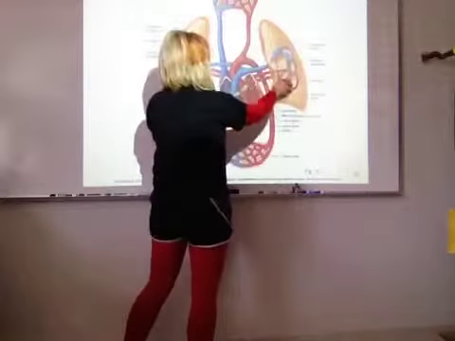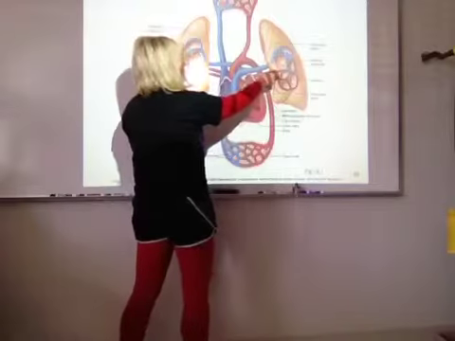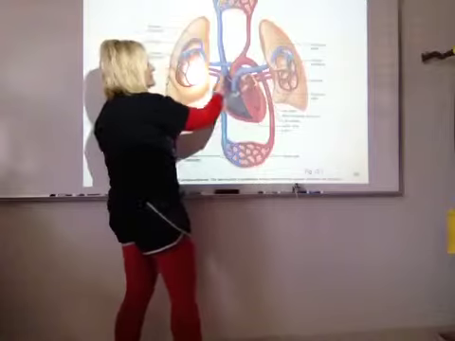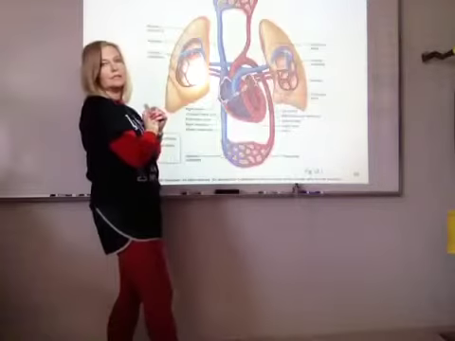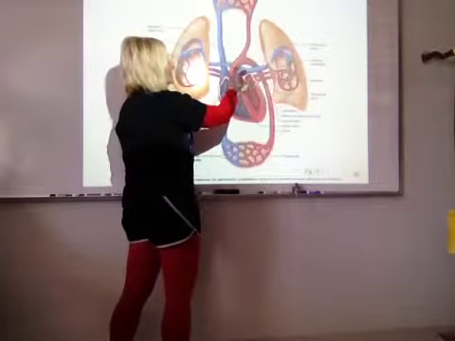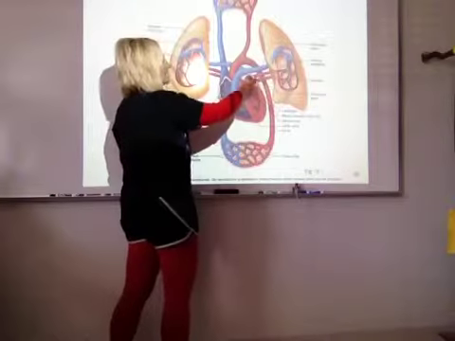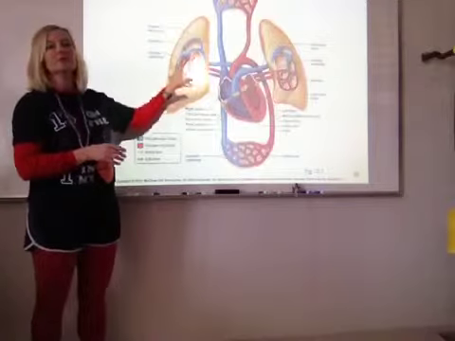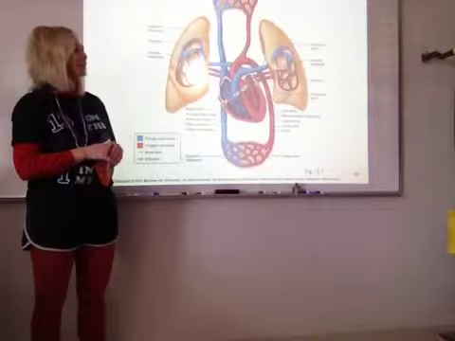It picks up oxygen in the lungs, comes back to the heart through veins, and these are red. So your pulmonary arteries are blue, your pulmonary veins are red, dealing with their oxygen content. Those are the only ones that will appear that way.